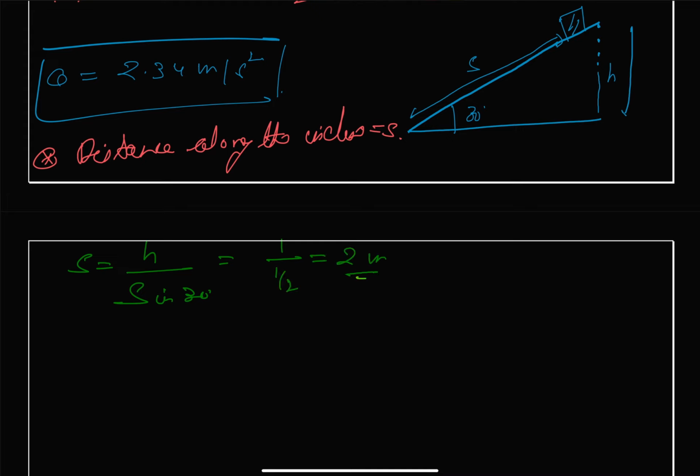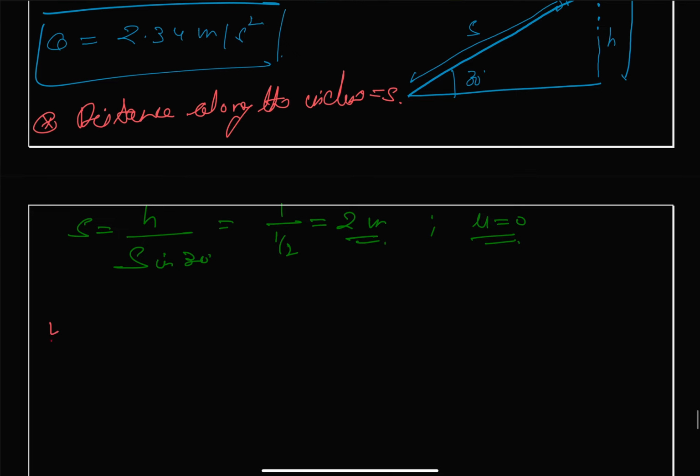Initially it was at rest, so initial velocity is 0. So we can use the kinematics formula that s is equal to ut plus half at square, and s is 2, u is 0, so this term goes away, and this is half into acceleration 2.34 multiplied by t square.